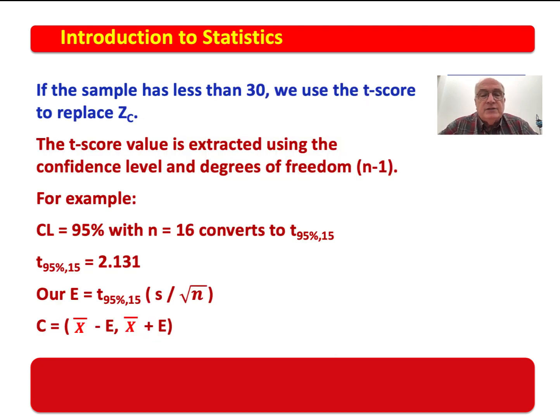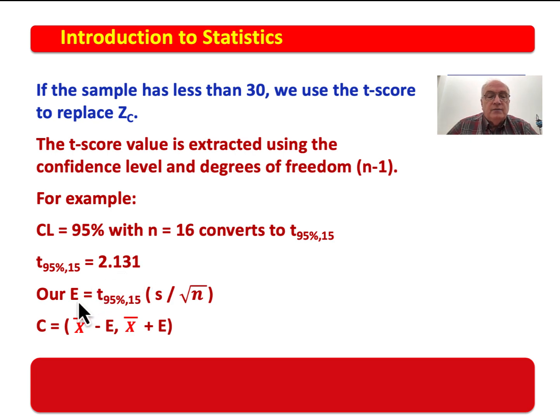If the sample has less than 30, we use the t-score to replace the confidence. The t-score value is extracted using the confidence level and the degrees of freedom, where degrees of freedom is n minus 1. For example, a confidence level of 95% with n equals 16 converts to t for 95% with 15 degrees of freedom, which we saw in our table was 2.131.